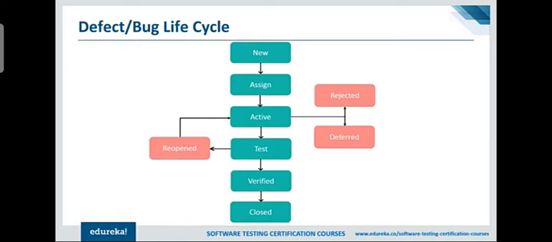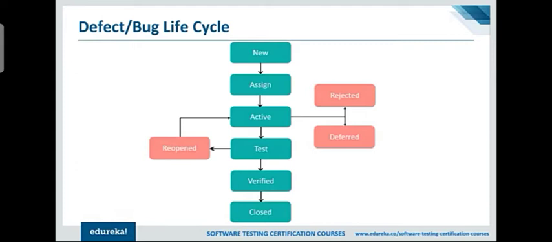Bug or defect life cycle consists of the following stages, and that starts from new. This is the stage when a defect is logged and posted for the first time, and that defect state is given as new. Next, assigned. After the tester has posted the bug, the lead of the tester approves that the bug is genuine and assigns the bug to the corresponding developer and the developer team, and this state is given as assigned.